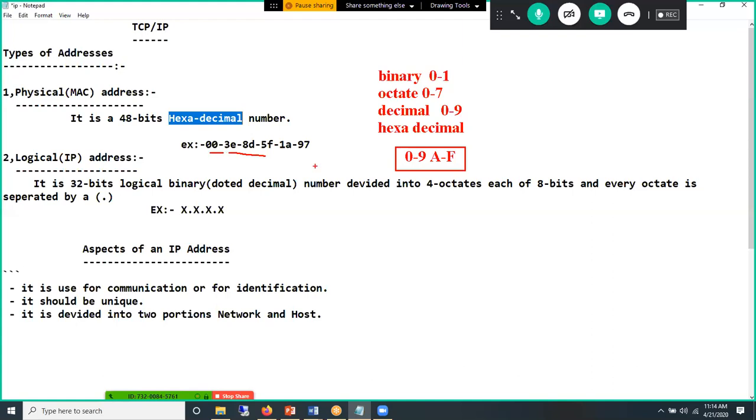Numbers, you can have any from 0 to 9, but alphabet, you'll have only A to F.